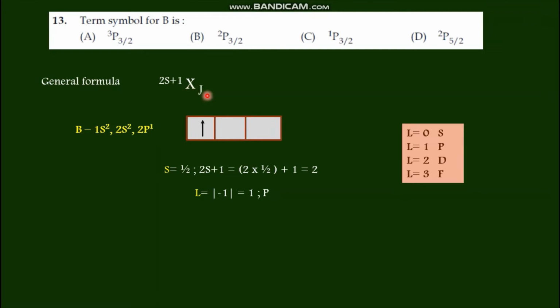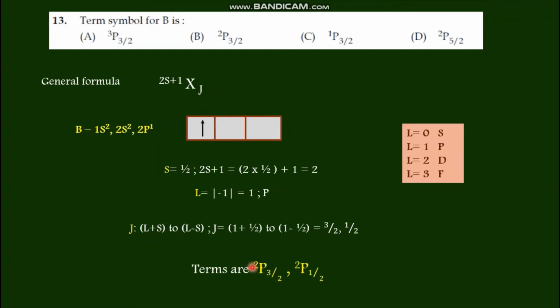Now we have to find J. J ranges from L plus S to L minus S. Here S is 1/2 and L is 1, so 1 plus 1/2 to 1 minus 1/2, that is 3/2 and 1/2. There are two J values, 3/2 and 1/2. So the terms are 2P3/2 and 2P1/2.